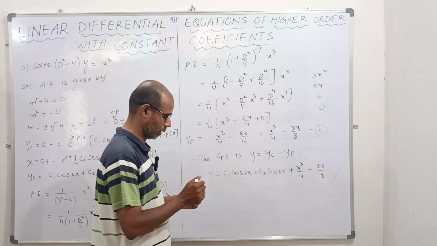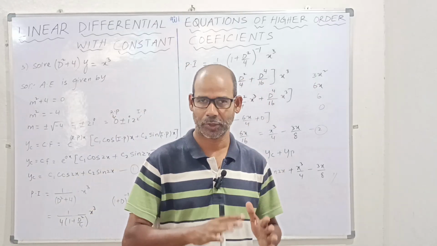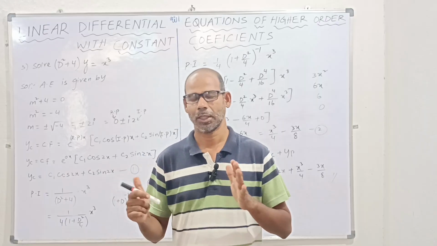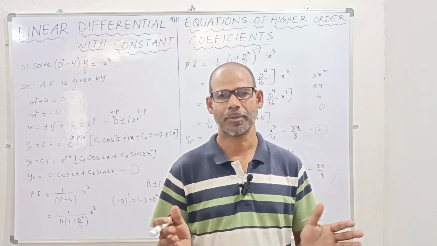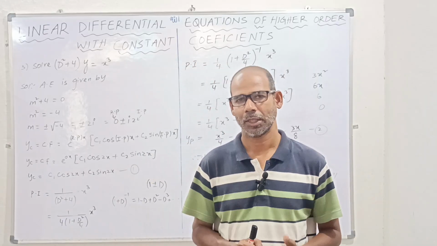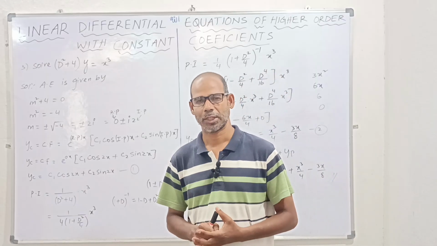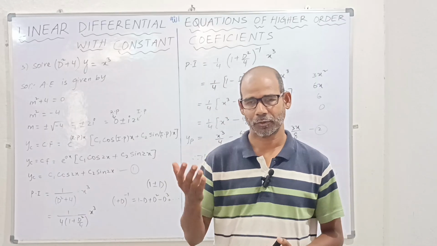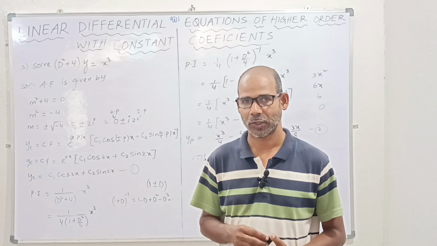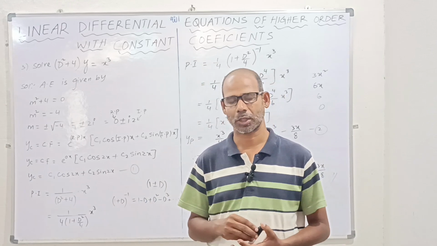So here we have done three different problems where the right hand side is of three different types. The first one was the exponential function e power ax. In that case, we put d equals a in the denominator, provided the denominator is not equal to 0.